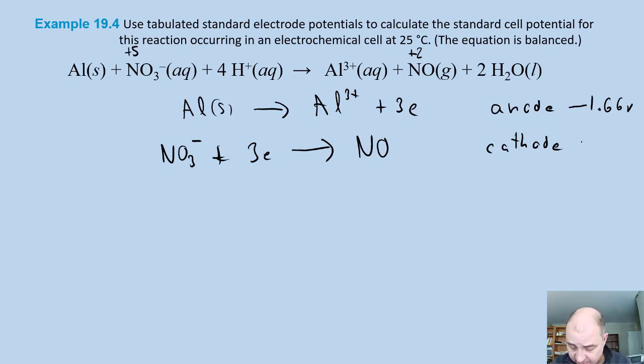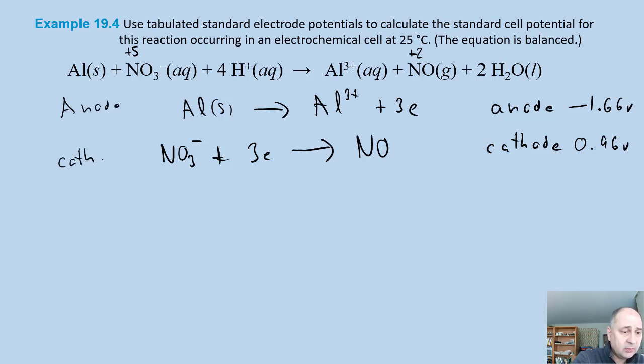Now this one here is 0.96 volt, which I know is the cathode, and this is the anode, and I have an electron flow. This is spontaneous, and I can calculate the electron potential of the cell.